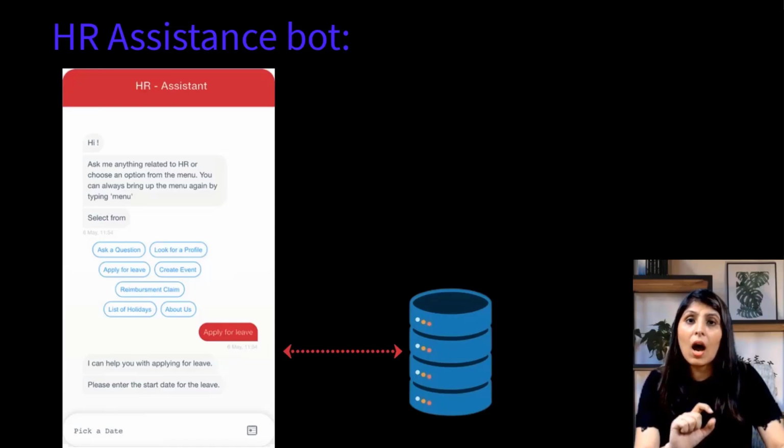When an employee asks a question, that question will be converted into a SQL query, and then it will retrieve information such as policy details, leave records, or training schedules from the database. So this bot can deliver accurate responses to employees promptly. This is the first use case where we are interacting with the database.